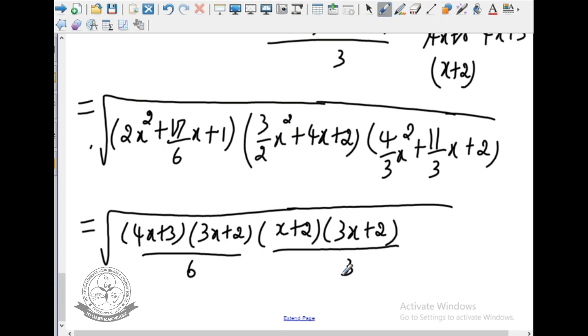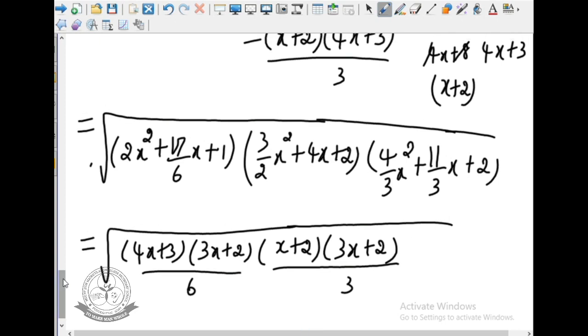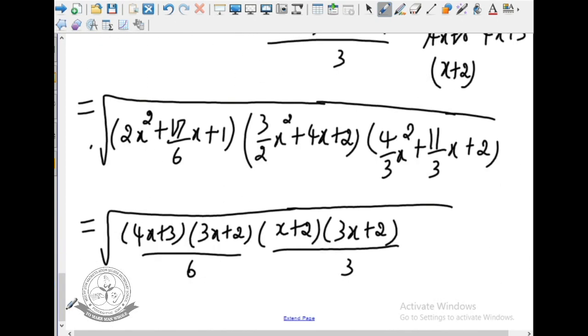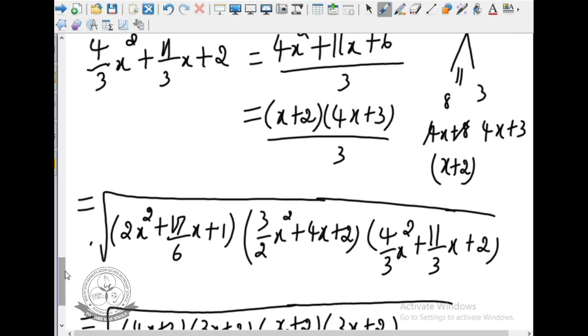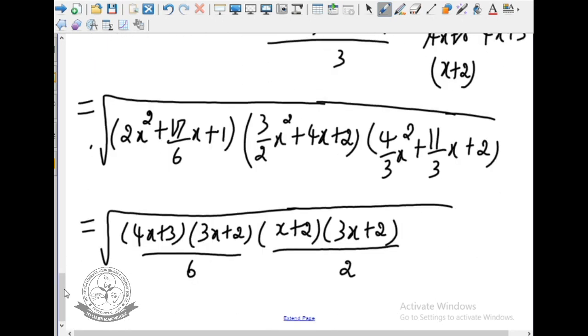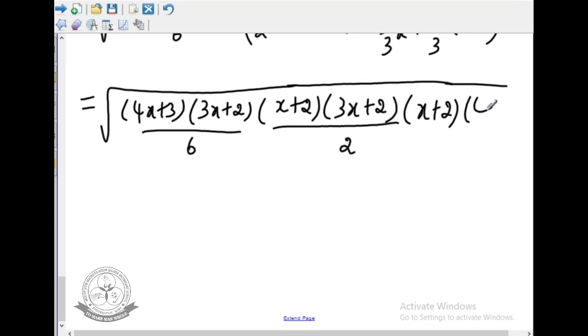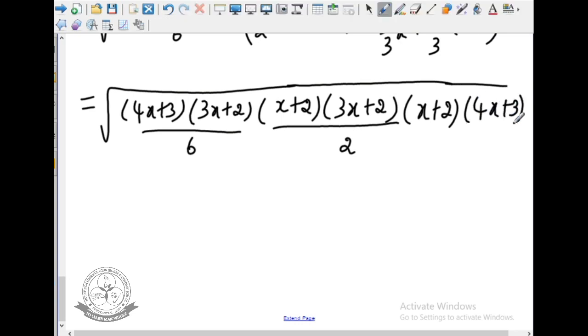Then the third one is x plus 2 into 4x plus 3 by 3, right?